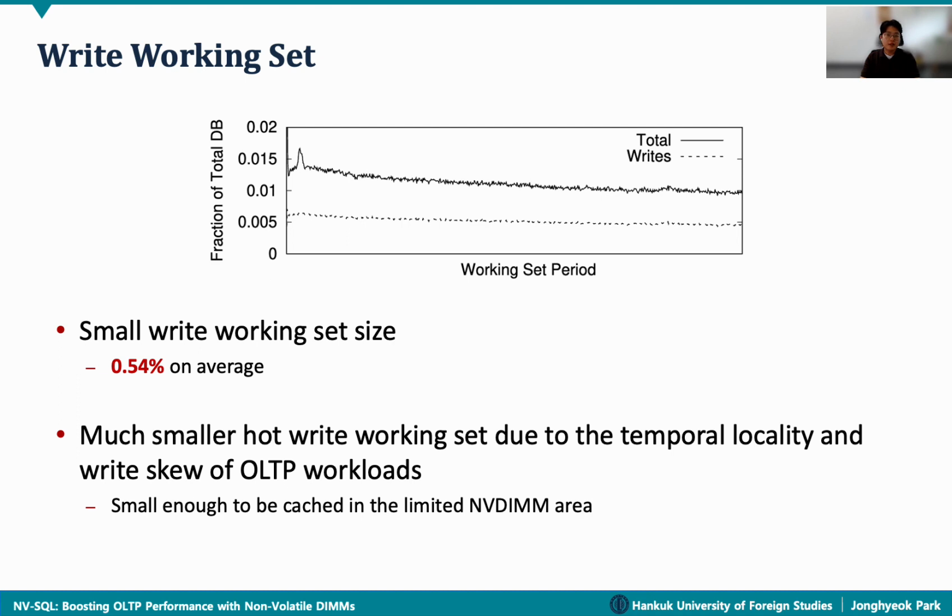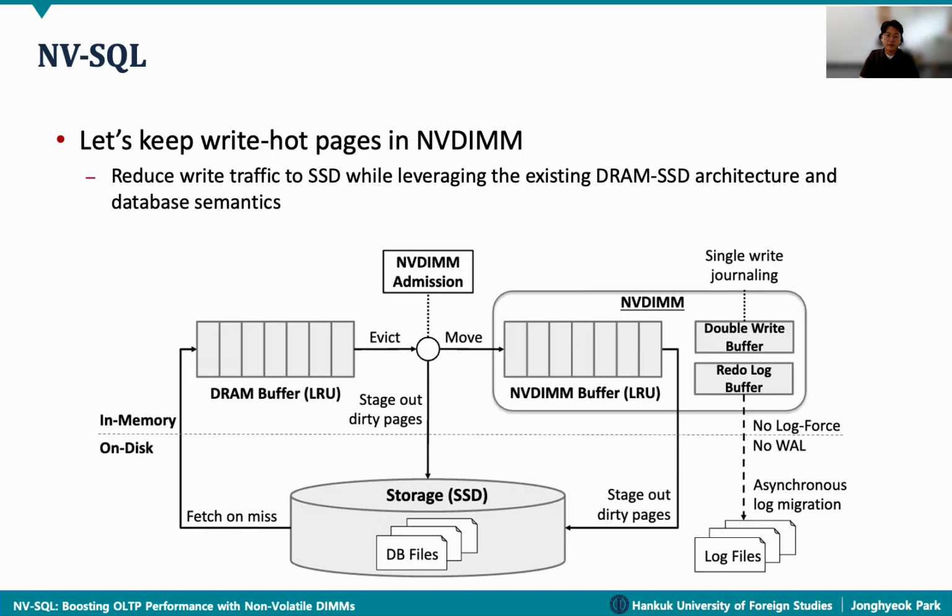We observed that OLTP workloads have a small write working set, approximately 0.54%. So we present MVSeeker, using the NVDIMM as a durable write cache. We can reduce the write traffic to SSD.